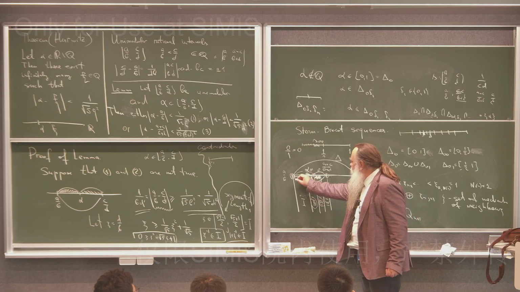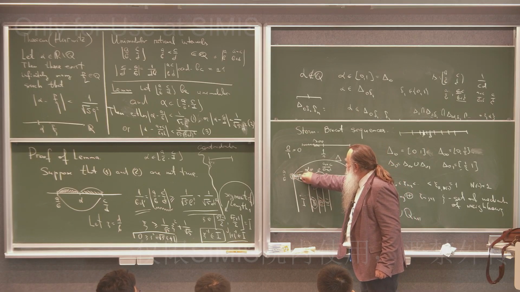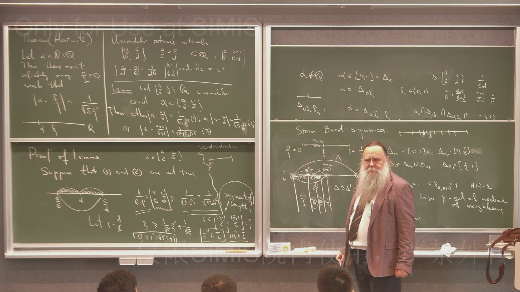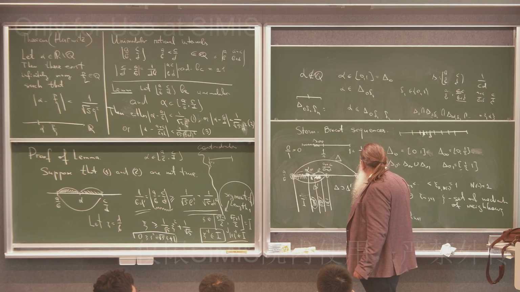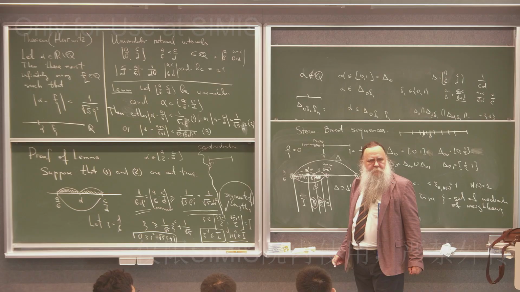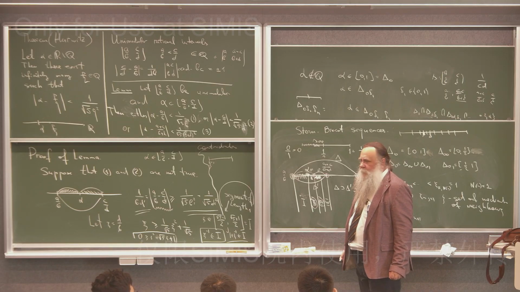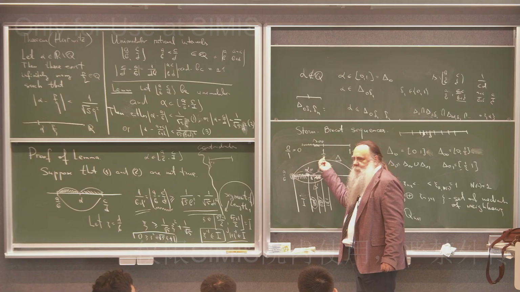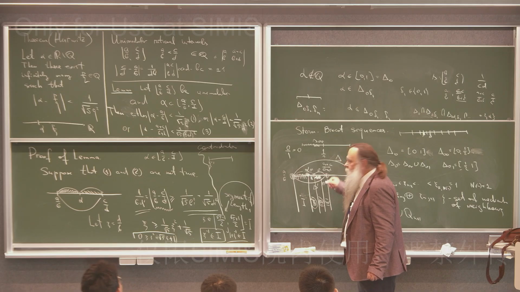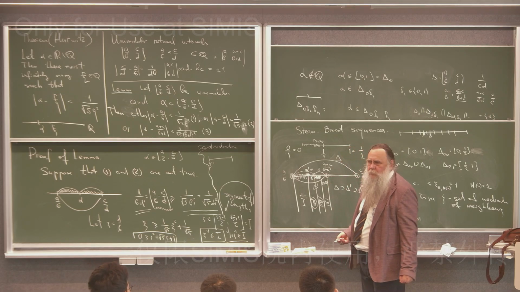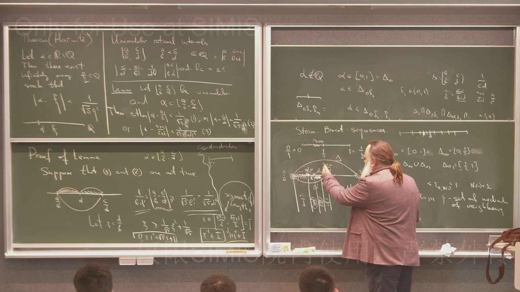Alpha may belong to this interval, and in this case, something terrible happens. Again, delta 3 prime has a point common with delta. And here, delta 3 prime has a point common with the median from delta.